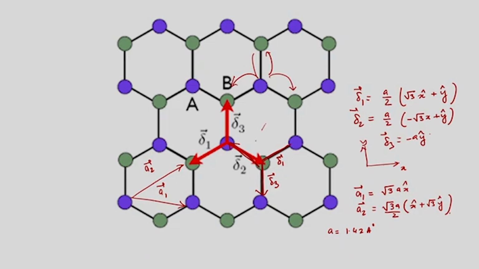So, you can do it like this, and that is like the unit cell that gets repeated in order to generate the lattice. This is, as I said, 1.42 angstrom. So, we will derive a tight binding dispersion for graphene.